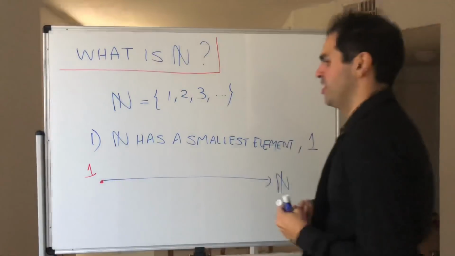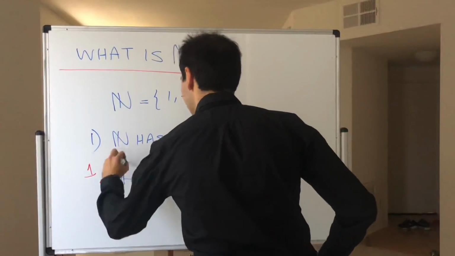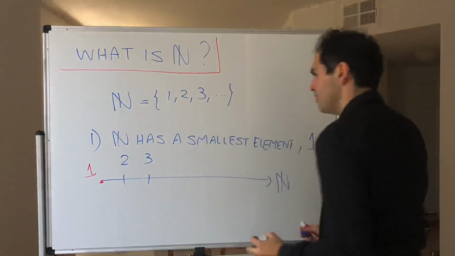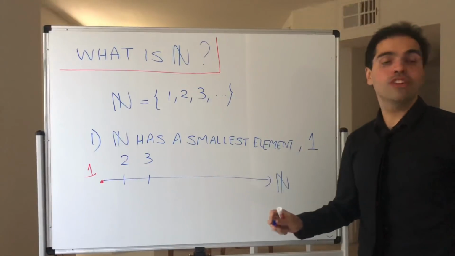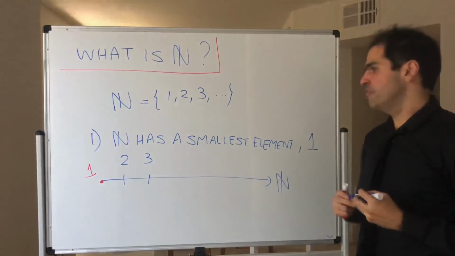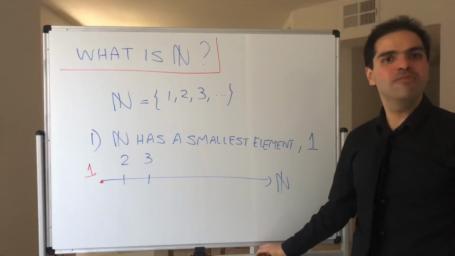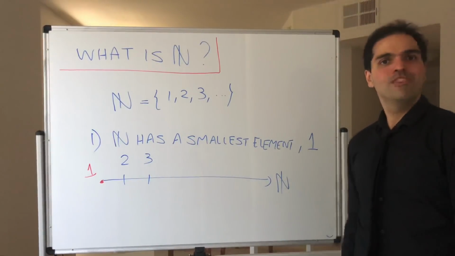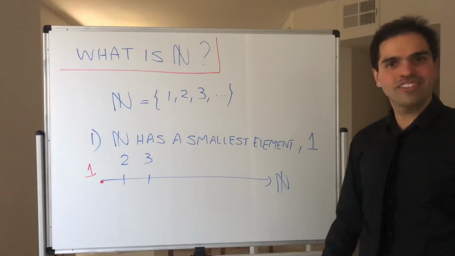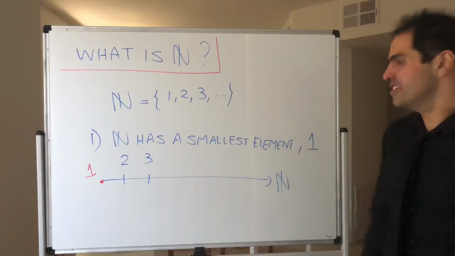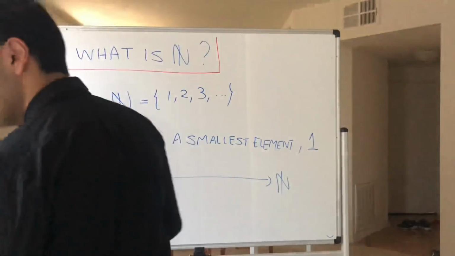It's the smallest element, but of course it has other elements like 2, 3, etc. This is very different from the integers. The integers have no smallest element: if I give you a number in Z, you can always give me a smaller number. If I say 42, you'll say 41. If I say minus 30, you'll say minus 31. So that's different.